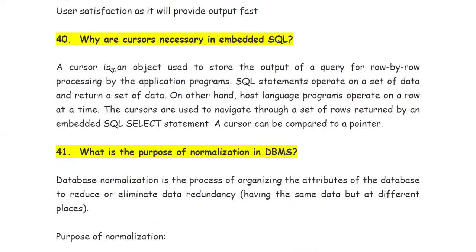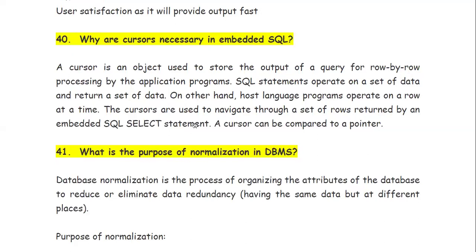Next, why are cursors necessary in embedded SQL? A cursor is an object used to store the output of a query for row-by-row processing by the application programs. SQL statements operate on a set of data and return a set of data. On the other hand, host language programs operate on a row at a time.